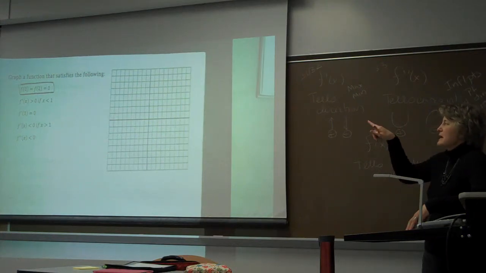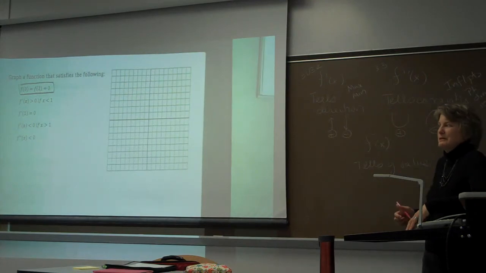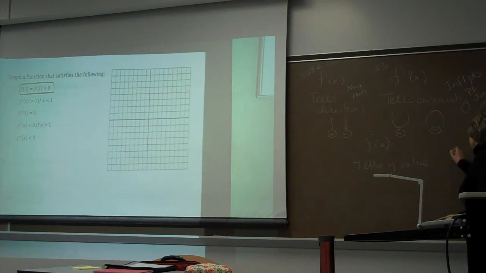No, it doesn't. It's not f prime. It's not the slope. It's that f of 0 is 0. What does that mean? Yeah, it's a point. 0, 0 is a point on the graph.